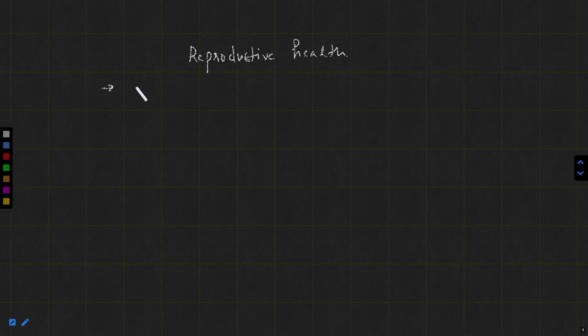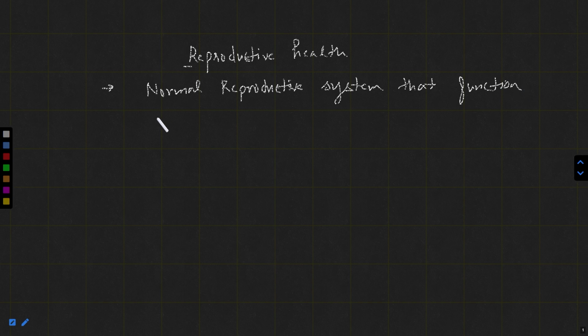A reproductively healthy individual will have normal reproductive organs that function normally.